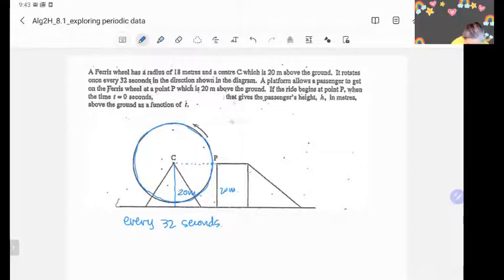So what we are supposed to do is draw a graph that gives the passenger's height h, in meters, above the ground as a function of t. The t indicates the time passing, right?